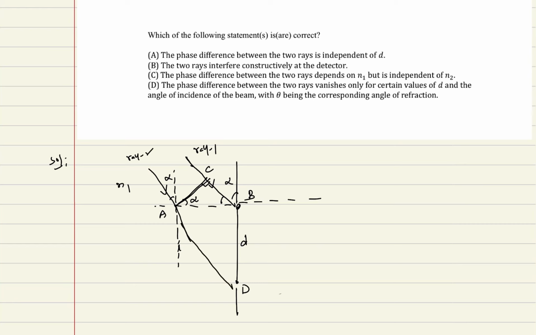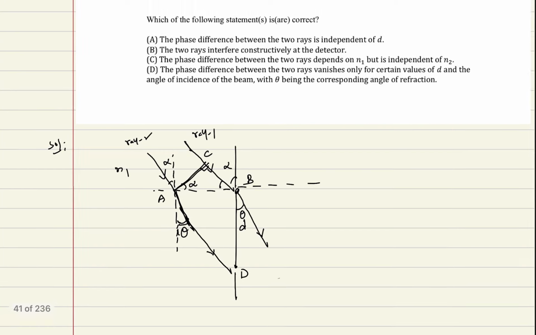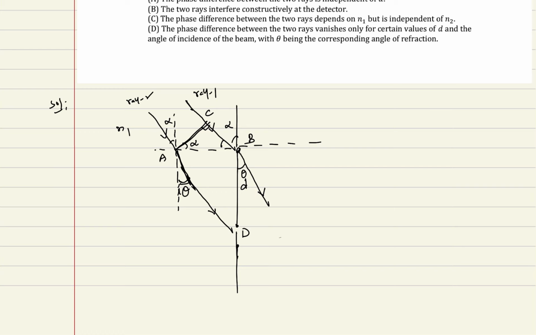Now according to the situation, the ray goes like this and is incident here. The angle of refraction is given as theta. Here also it bends like this and makes angle theta. After refraction, the rays go like this.